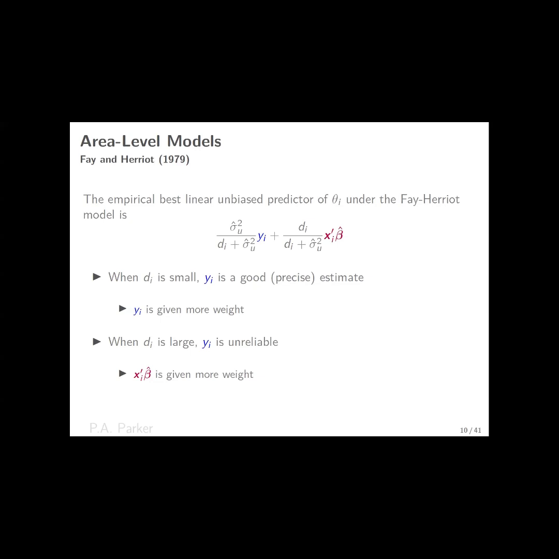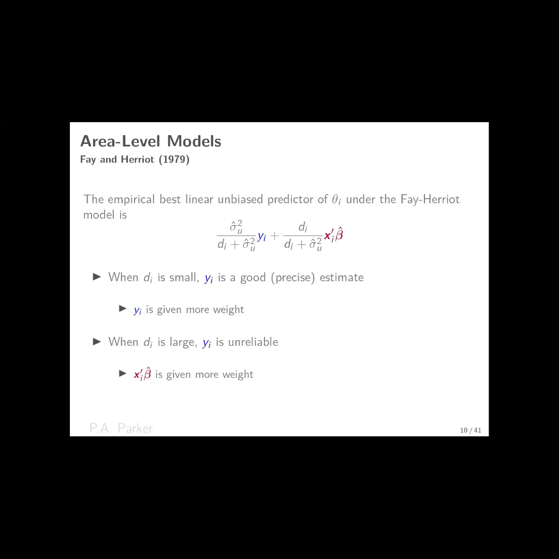And if you look at what happens when d gets small, that means that y, our direct estimate, is a good estimate. It's precise, it has low variance. And so when d is small, y is given more weight. We give more weight to our direct estimate. When d is large, that means our direct estimate is not reliable, it has a large variance, and we see that this regression estimate gets more weight.